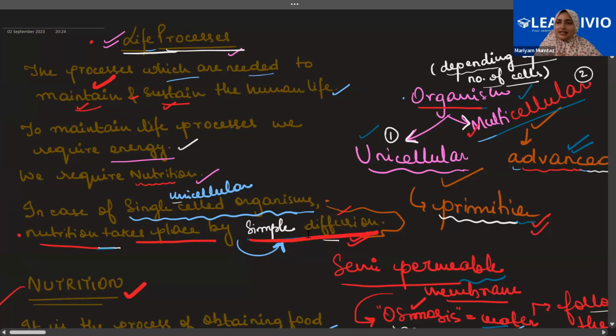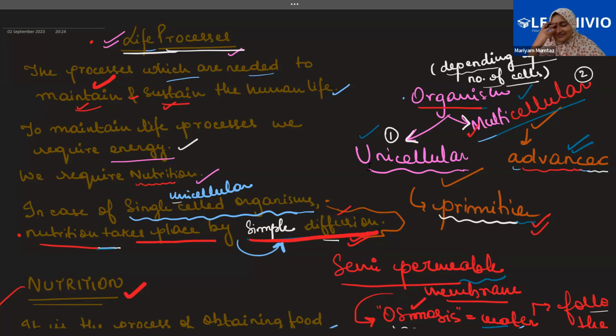Okay, what is the end product of photosynthesis? Glucose. And is there anything else? Oxygen. Where is the oxygen coming from? Stomata, guard cells.